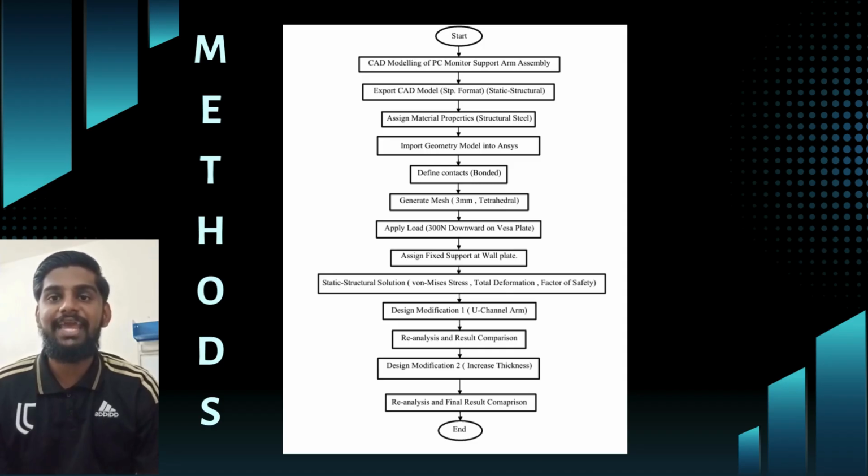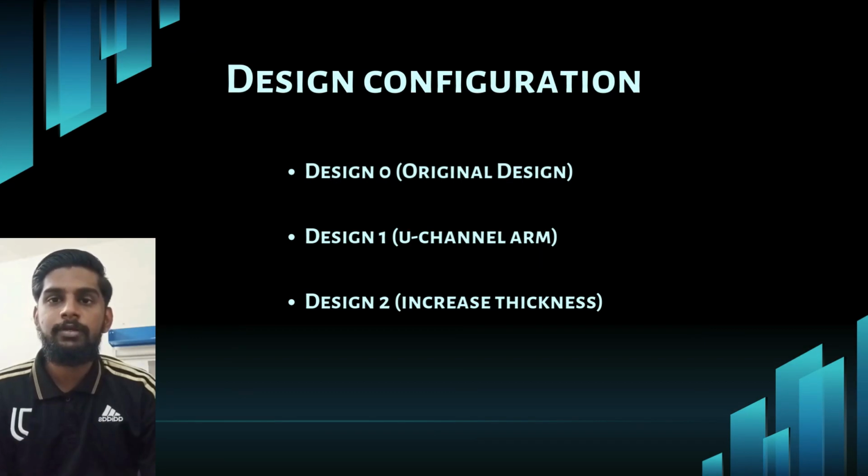This ensures that any change in stress, deformation, or factor of safety is solely due to the design modification, allowing a fair comparison between all designs. Finally, the static structural analysis was solved, and the results were post-processed to evaluate von Mises stress, total deformation, and factor of safety. Let's proceed with design configurations.